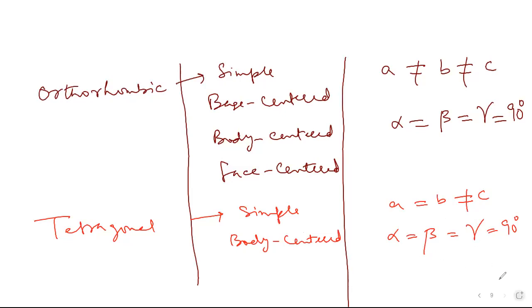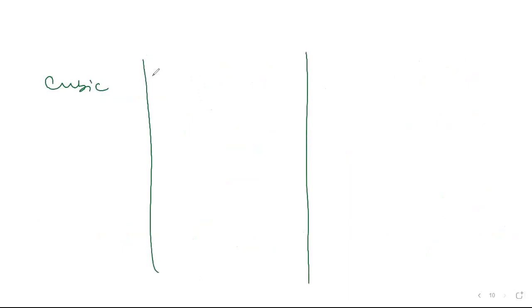Then there is another possibility, which is cubic. In cubic, there are three possibilities. One is simple, second is body centered, and third is face centered.